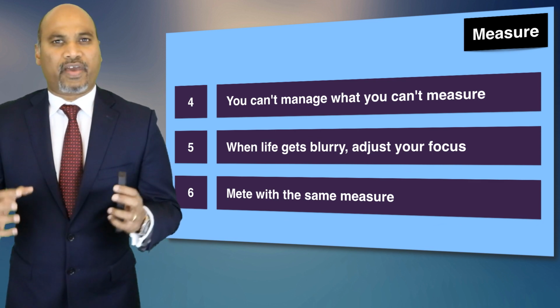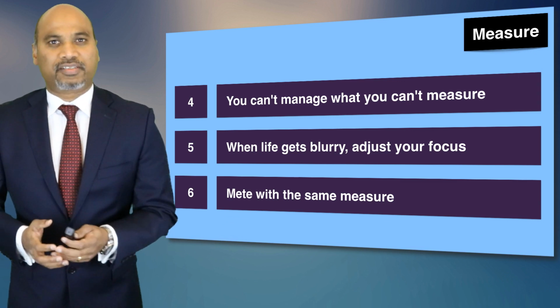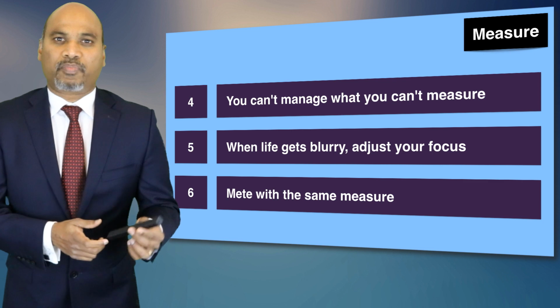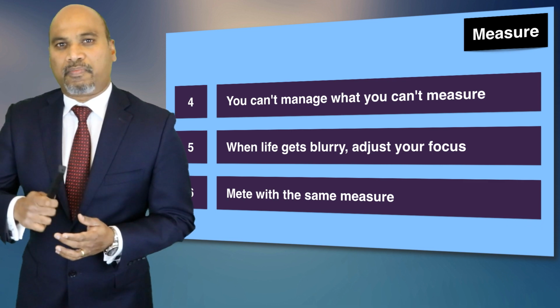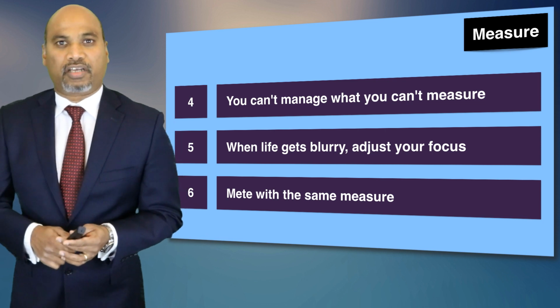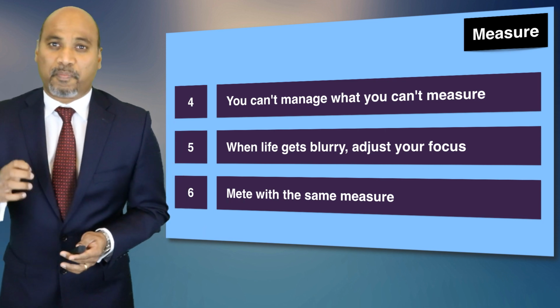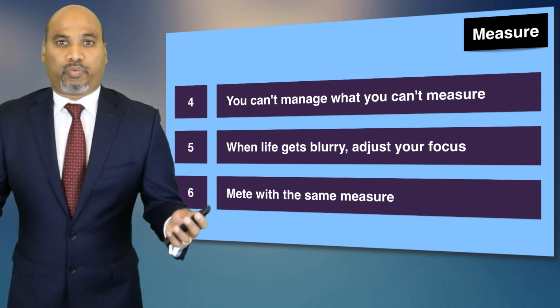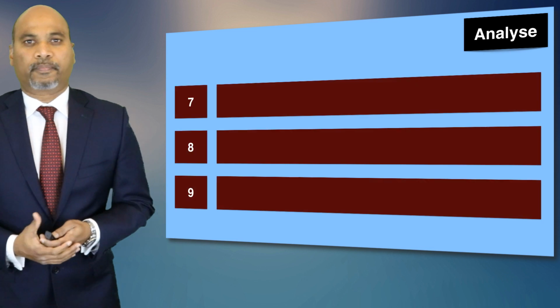So they put it in a highly controlled environment. No, I'm not suggesting anything like that. What I'm trying to say is that when you measure something somewhere and use a particular measure, you need to ensure that the measurement that you use, right, the yardstick that you use to measure, must be consistent. And there's a major lesson, which is quite obvious, really. So that's what measure focuses on.